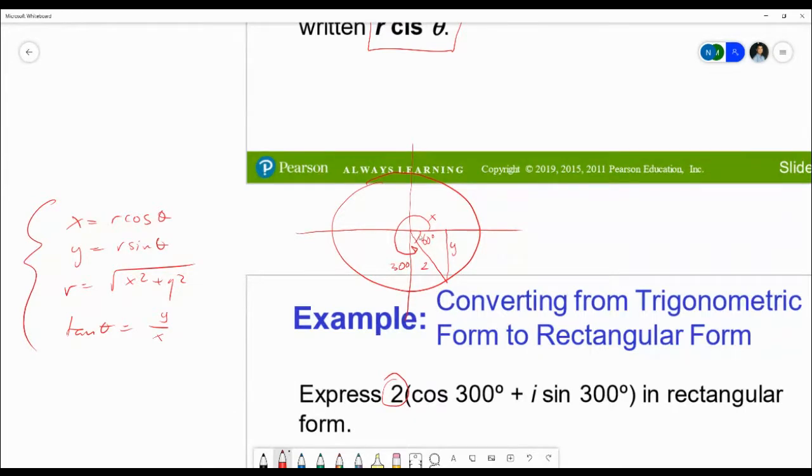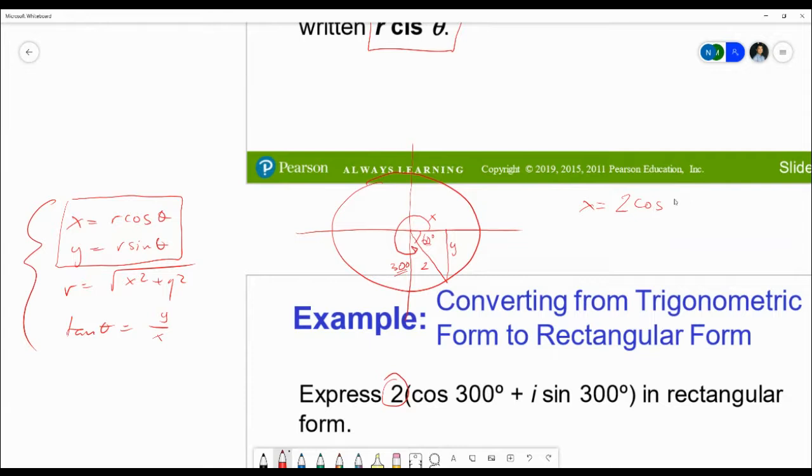Now I need to know x and y. Well, the nice thing is you can use SOHCAHTOA to find this, but we actually have a formula for it already. So x equals 2 cosine theta. Well, what is theta? You can use 300, or you can use 60 and then reference it back to the fourth quadrant.